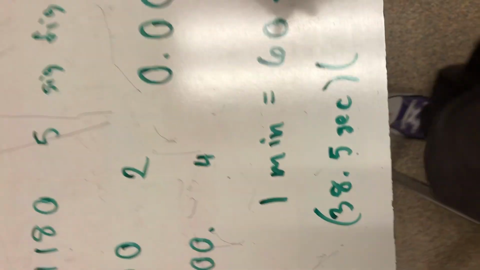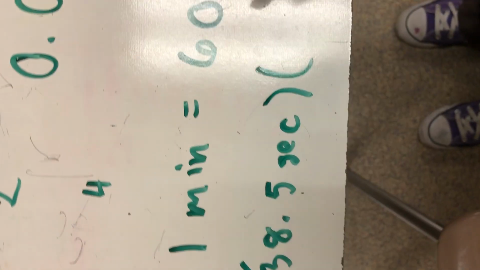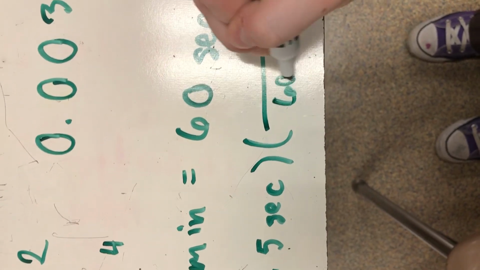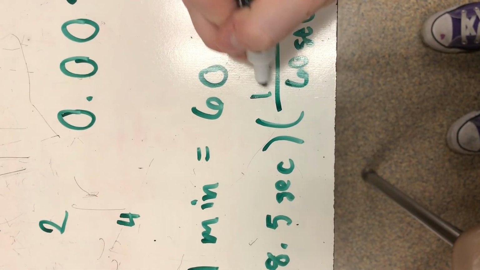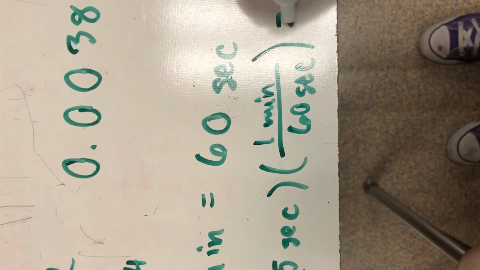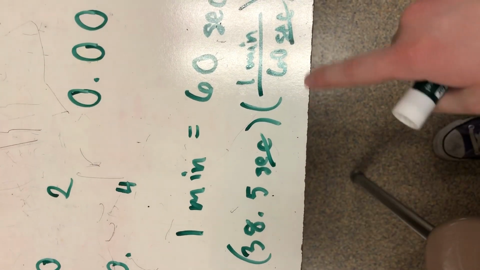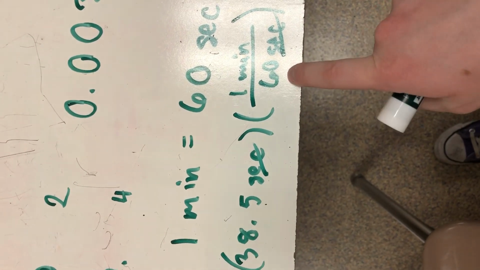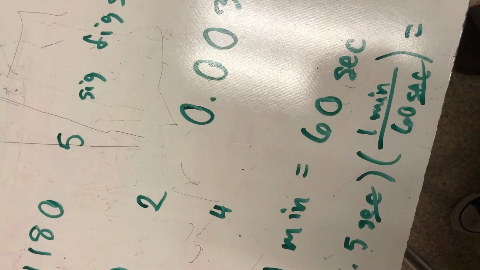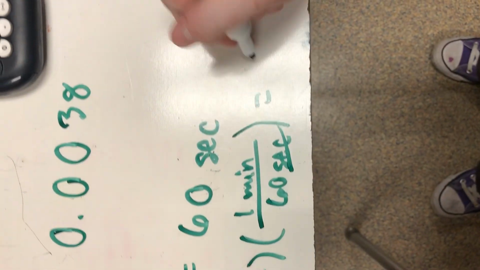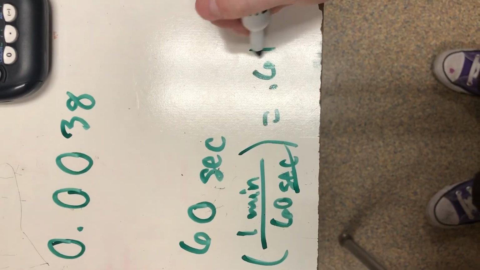If you were to say, now I have 38.5 seconds, 60 seconds, 1 minute, cross out seconds, this divided by 60, is a number that I don't know, but it's 0.642.